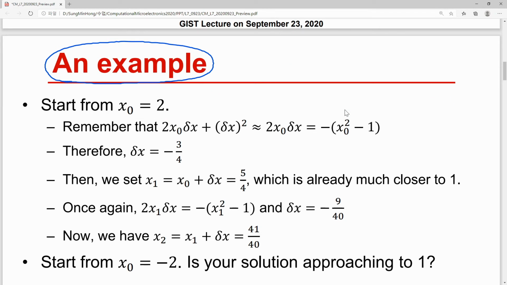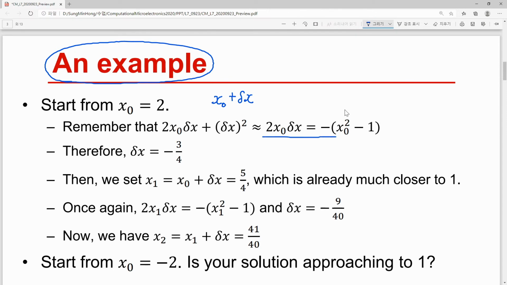Then, instead of x naught itself, we introduce x naught plus delta x and insert it. When you insert this into your equation, you will have this form. You have already seen it before. And when you insert number 2 and number 2 here, you will have minus 3 divided by 4.